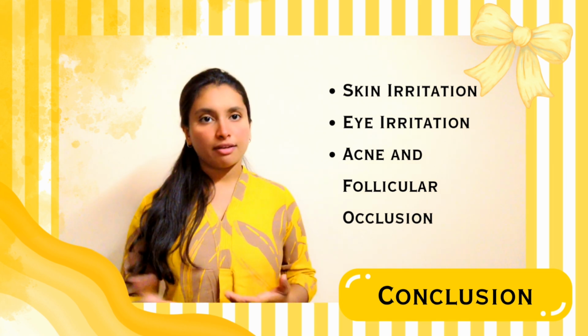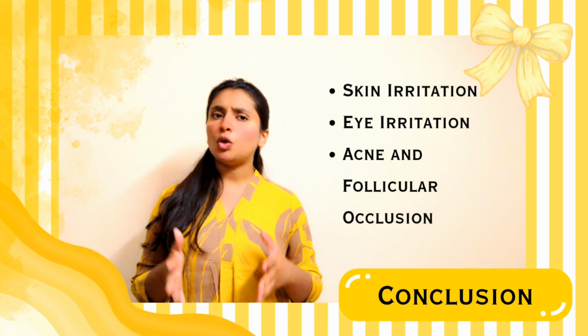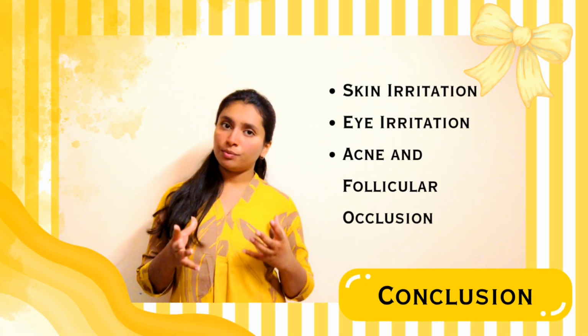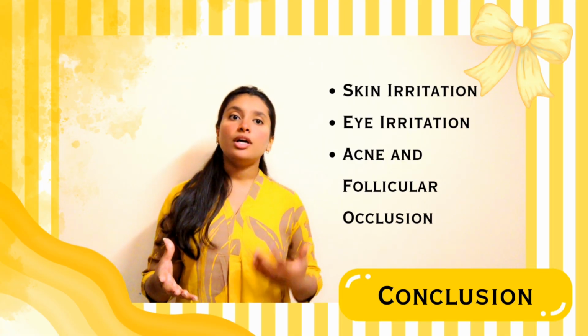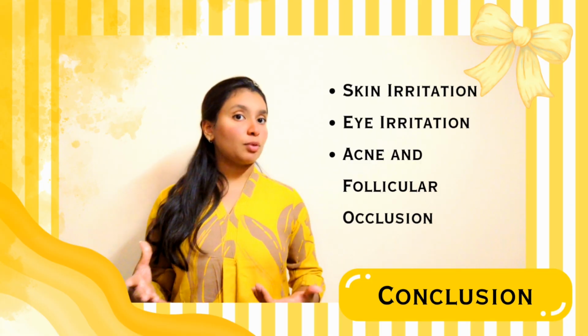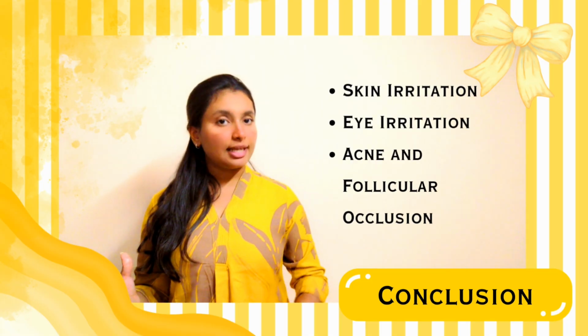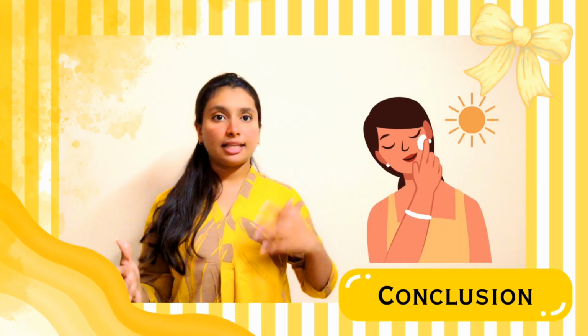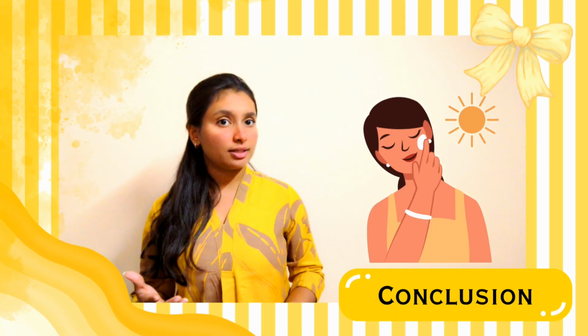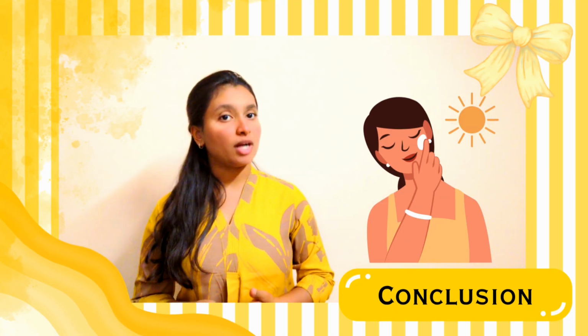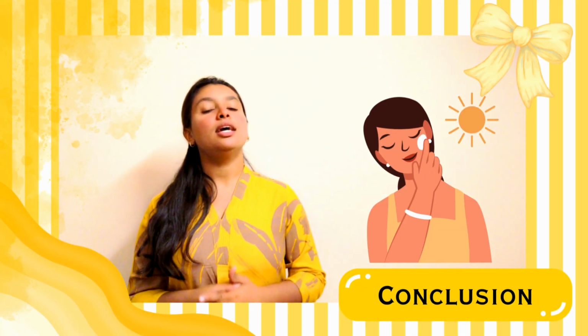Also, without knowing the proper time to use sunscreen, and without using it in the right proportion, sunscreen may cause the skin tone to reduce. The skin may become darker compared to before or the original skin.